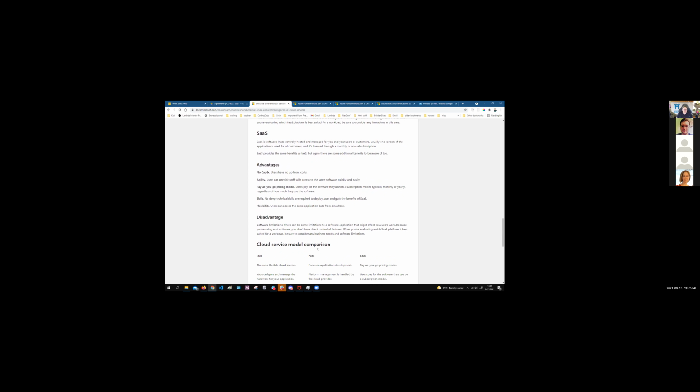The disadvantage again with this one is going to be those software limitations. Because you're using as-is software, you don't have as much control over some of the features that it has. So if Azure decides to upgrade your software and your app isn't ready for that, you have to fix your app.